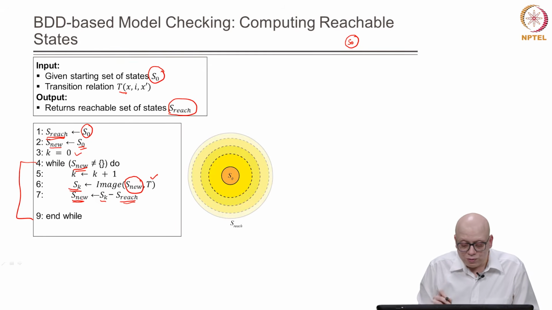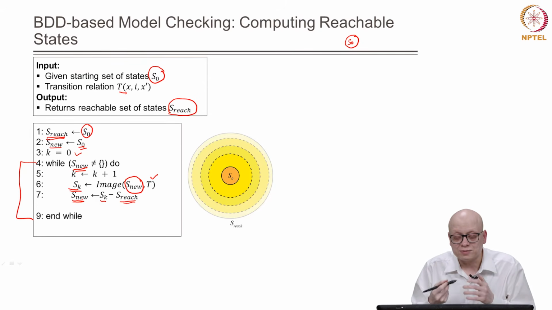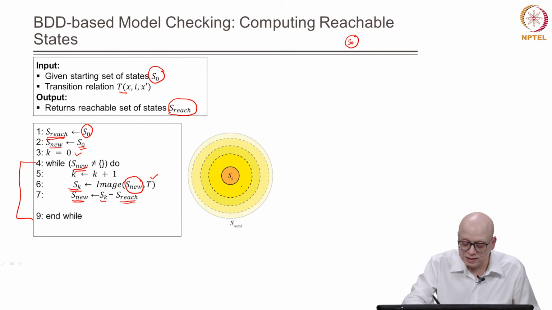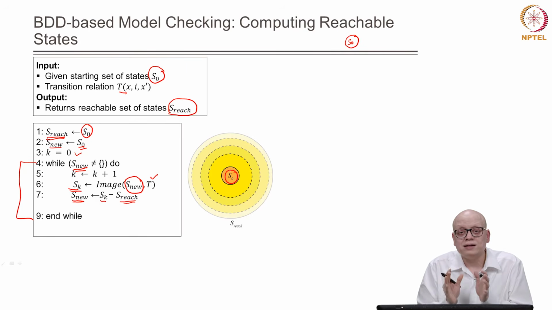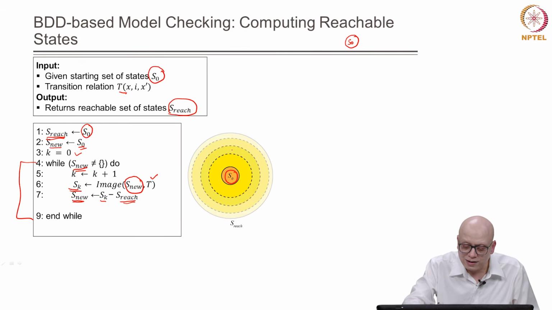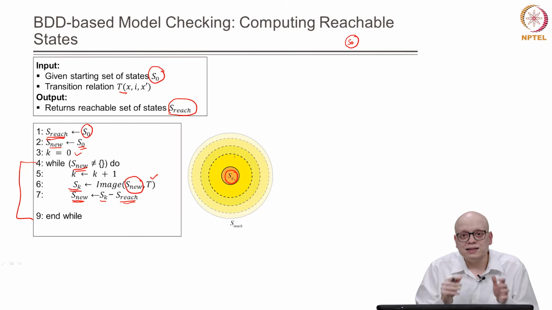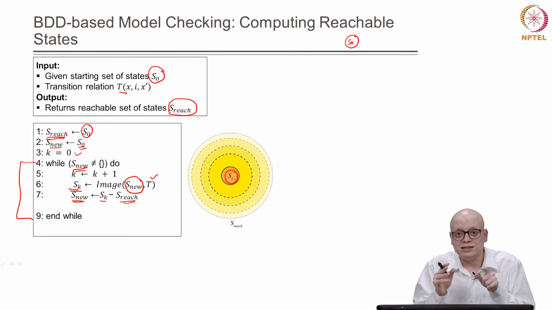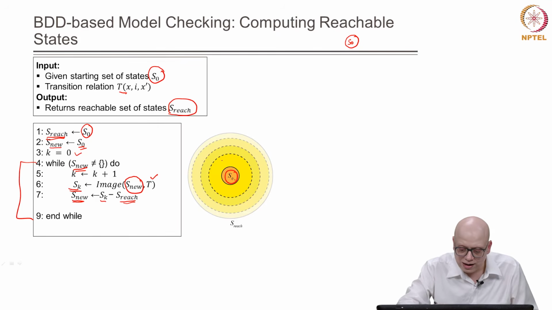And then, to understand how the set of states is expanded, we can look at this figure. We start with S0, which contains the set of states that we are given. In the first iteration, from S0 we compute the image, meaning the set of states reached in one step from S0.